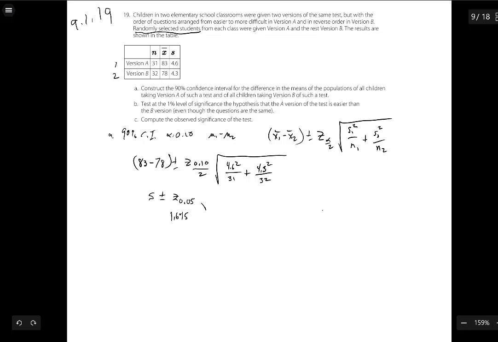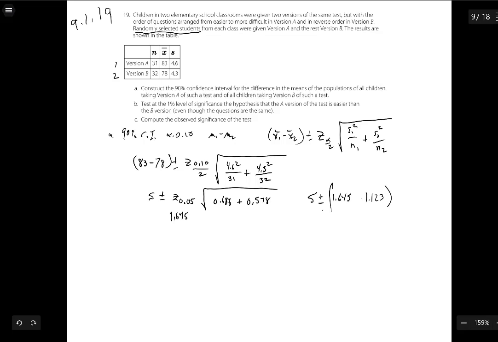Times the square root of this beast, which winds up being 0.683 plus 0.578. So we're going to have 5 plus or minus 1.645 times, oops, let me do it this way. When I do that square root, I get 1.645 times 1.123.